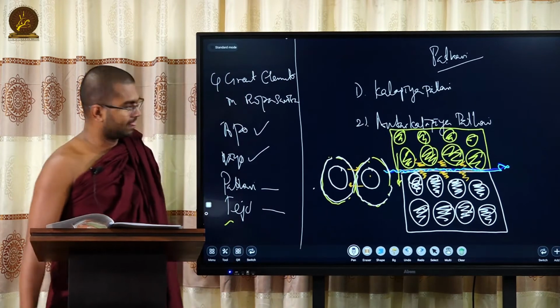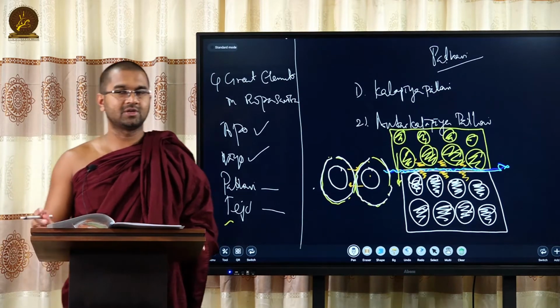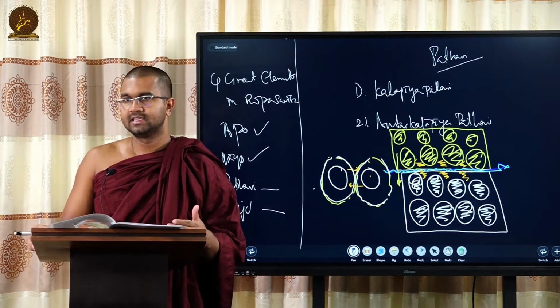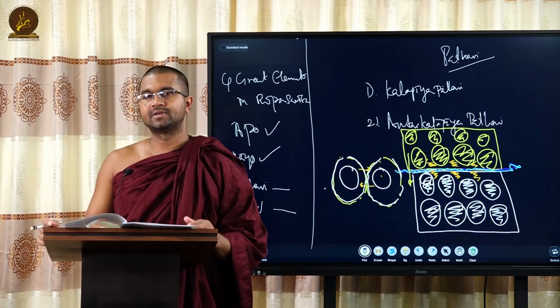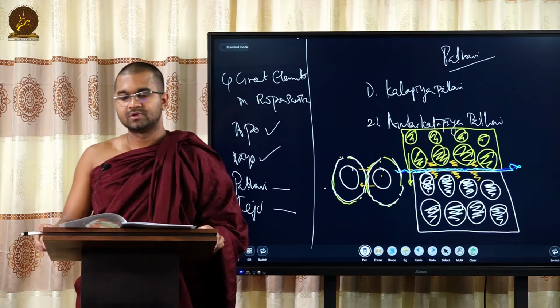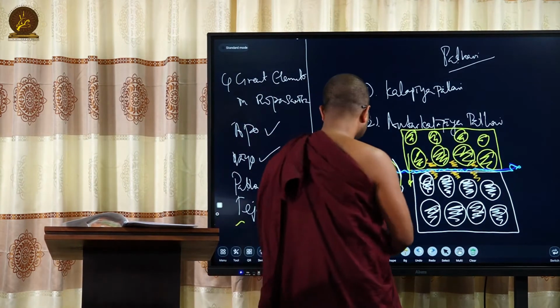But anyway, it shows that it doesn't allow another substance to enter into it. So I called it the patavi. Whatever it is, there is a certain quality which prevents something from entering into it. So this is what I term as antarkalapiya patavi.